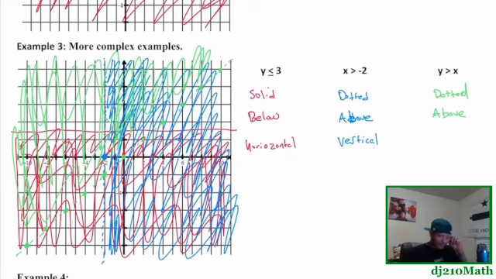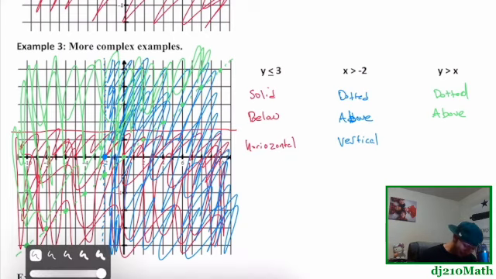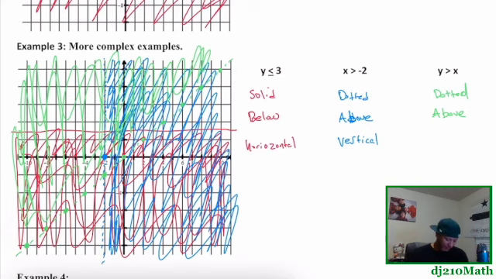If you can see through the madness, I will shape it out for you in black. All right, there's a section here. So this solid line, this dotted line, and this dotted line, and everything in the middle.